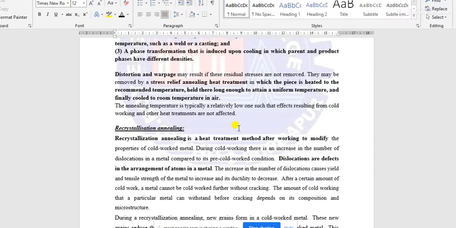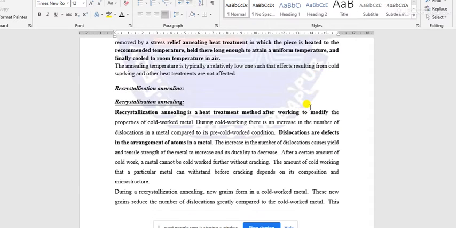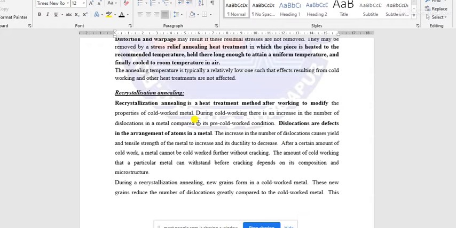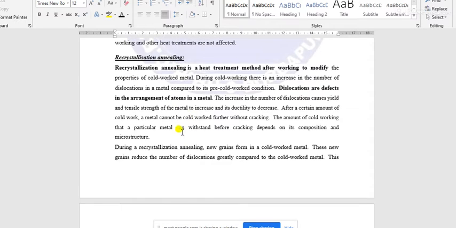Okay, and now you may have this question: what is cold working? I have given a brief idea about cold working in the next part of annealing heat treatment, that is the recrystallization annealing heat treatment process.